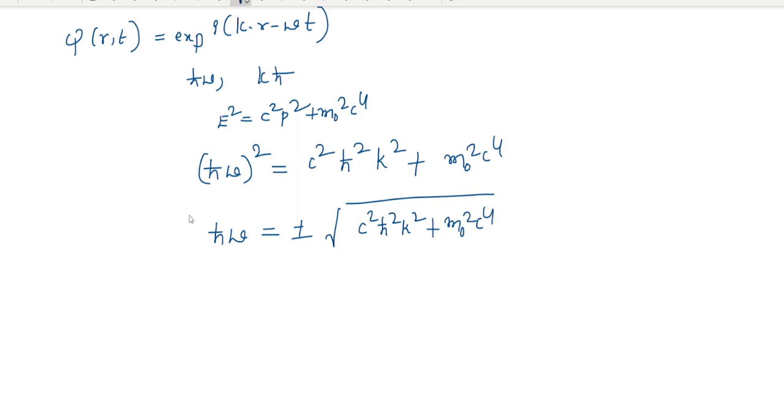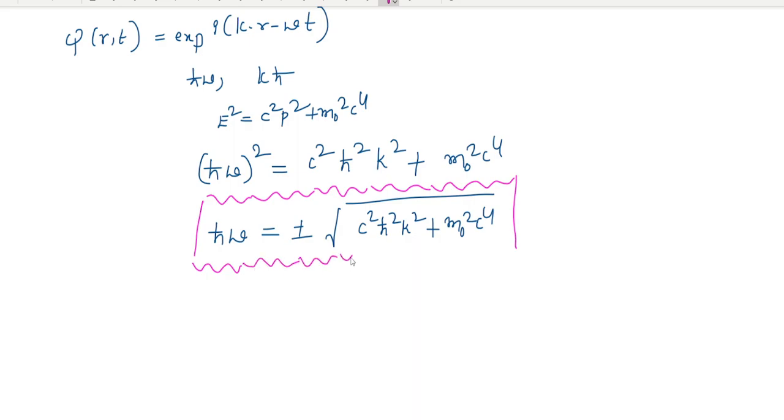So here we need to understand one important point: if you observe this equation clearly, the energy has two terms, one positive and another negative.